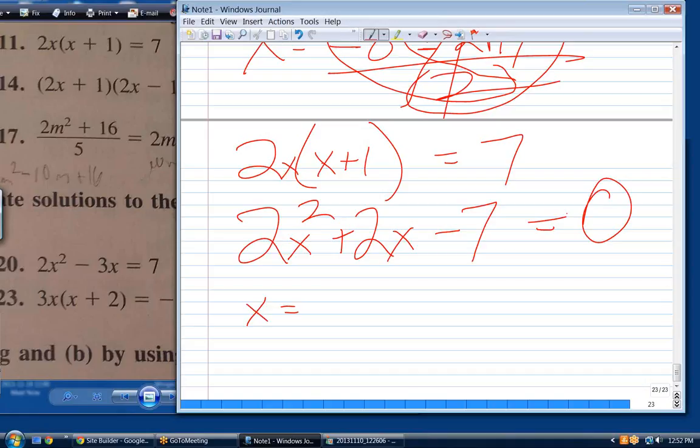Well, every other problem we've had in this section does not factor. So if you're taking a test on this section, I go straight to the quadratic. I don't even try to factor it because I'm pretty sure it doesn't factor.